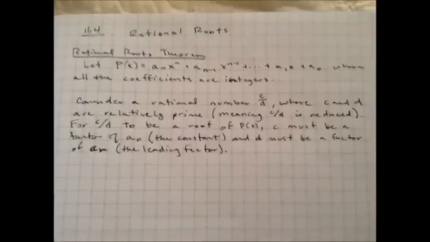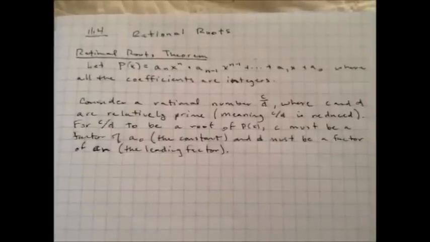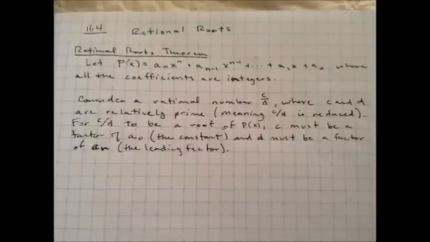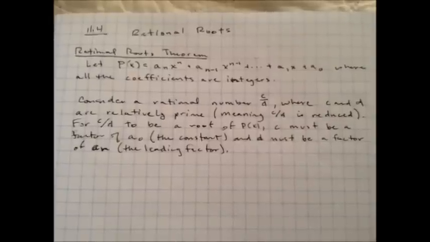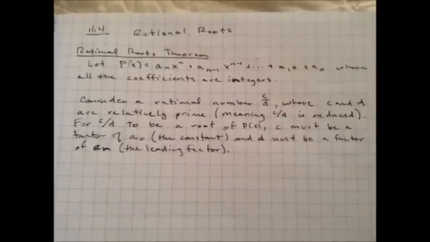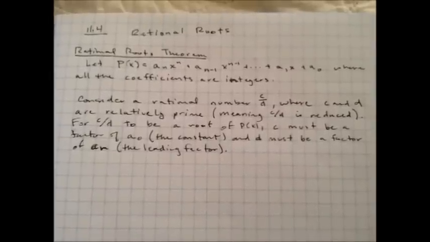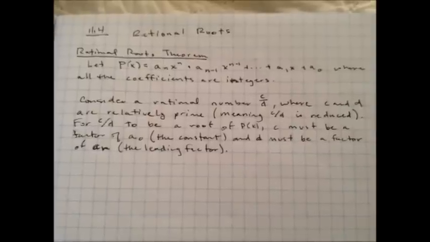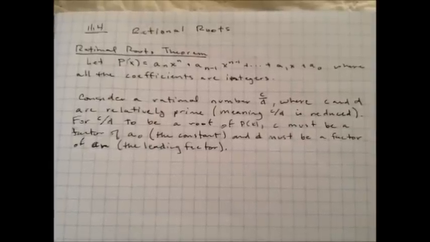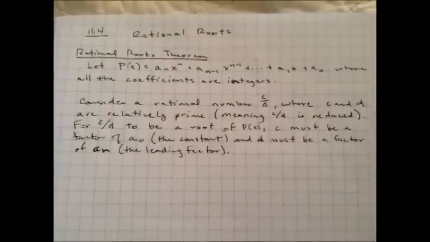So that notation is just stating some generic polynomial function where a sub n minus 1, and so on down to a sub 1 and a sub 0, are the coefficients, and x to the n minus 1, and so on down to x, are the variables to some power.